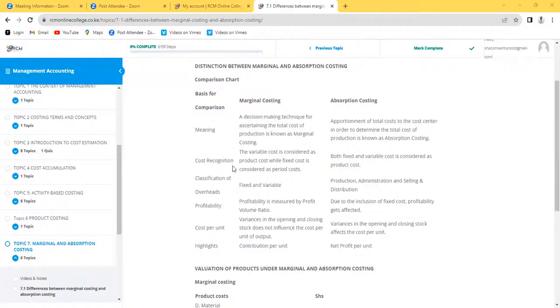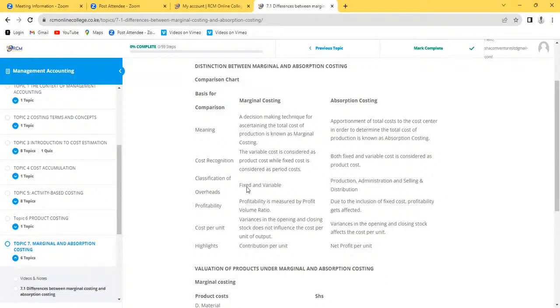On cost recognition, the variable cost is considered as product cost, while fixed cost is considered as period cost. Under absorption, both fixed cost and variable cost are considered as production cost. But remember, it is not just any fixed cost, it is fixed production costs, fixed production overheads.